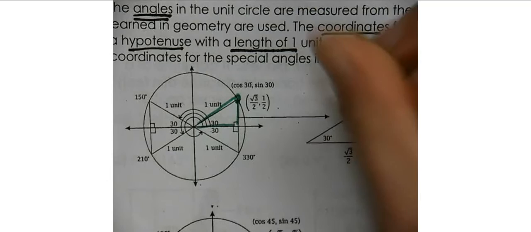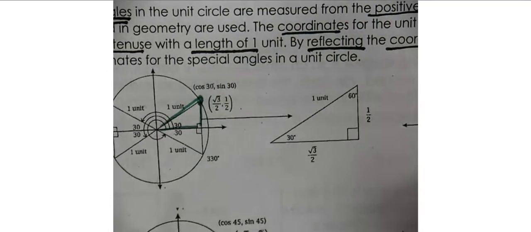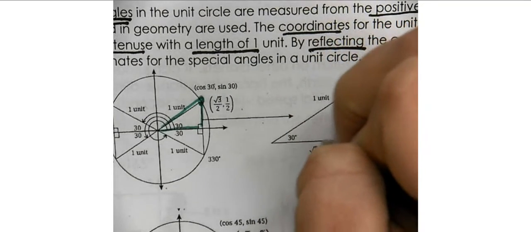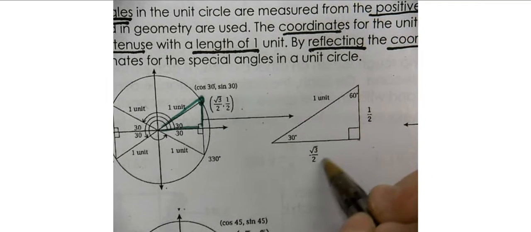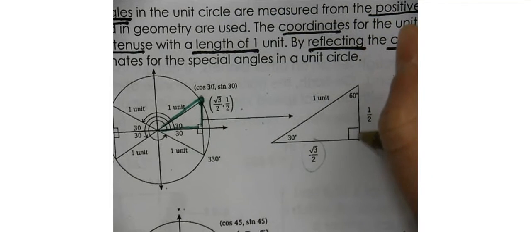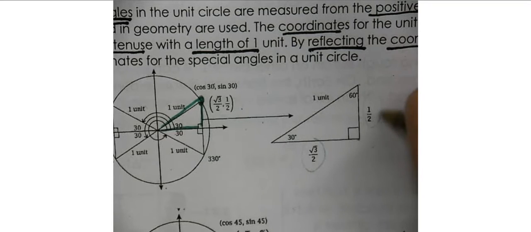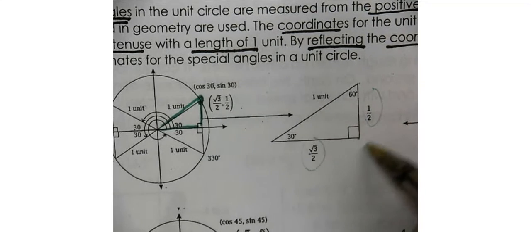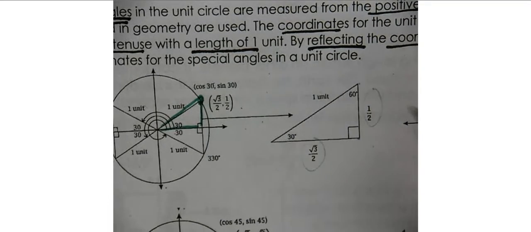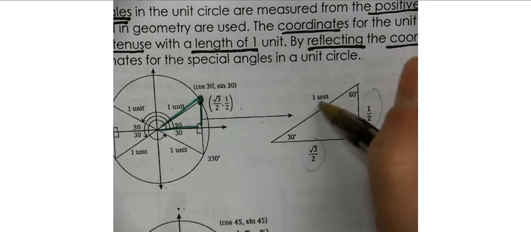And since we have one unit from our unit circle, we're going over x. X is going to be the square root of 3 over 2, and then up y, which is going to be 1/2. So that's where these values come from, our perfect right triangle, assuming that our radius is 1.